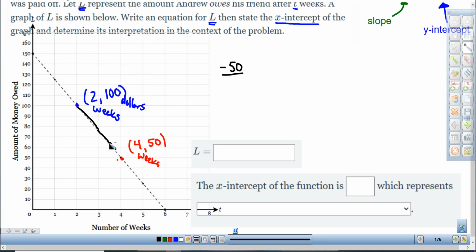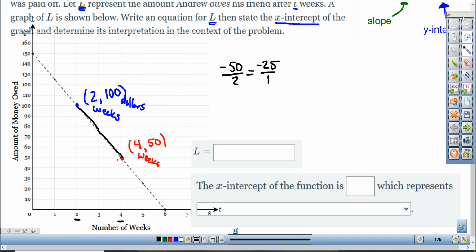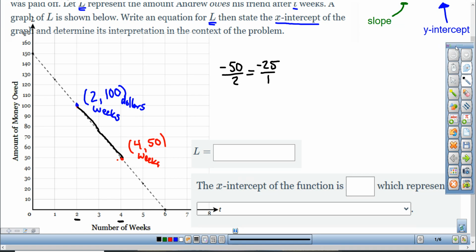It happened in 2 weeks. And so as I drew that little segment, I went from week number 2 to week number 4. That's 2 weeks. So if we prorate this or scale it downward to just 1 week, we interpret that as 25 every week. The other part of this is the slope. We just figured out the slope. The slope is negative 25 for every 1, which we would just write as negative 25.